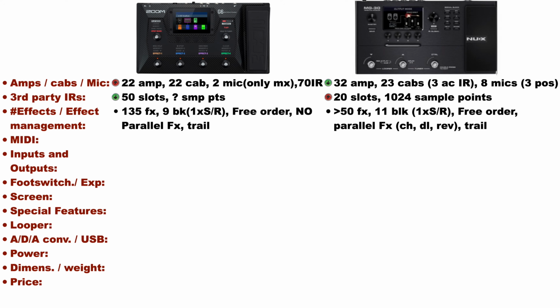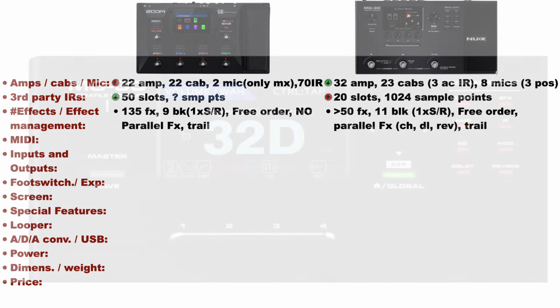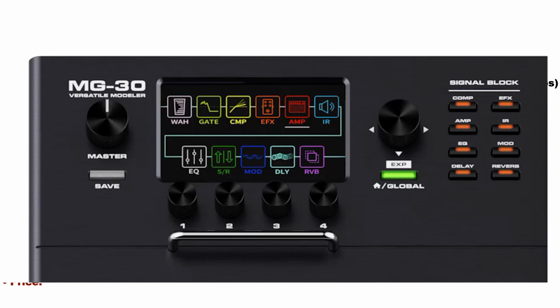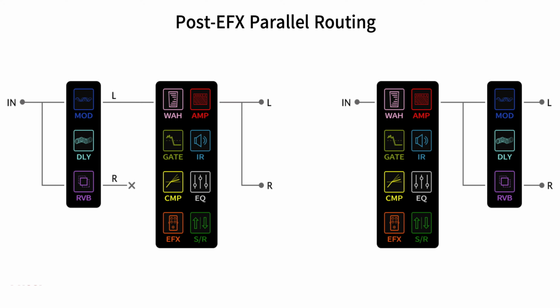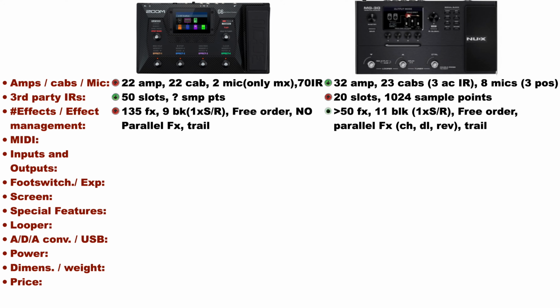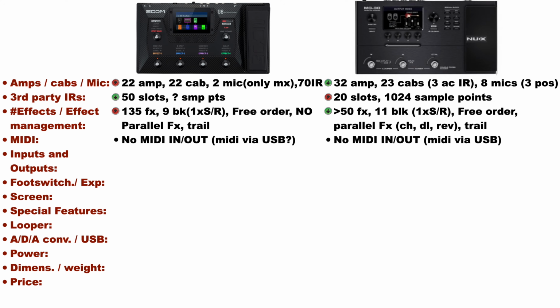In the MG30 we have 50 effects distributed in 11 blocks that you can put in whatever position you want, and with the possibility to have chorus, delay and reverb both in parallel and series. Therefore, thumbs up to the MG30, even if it has fewer effects, as for me it is more important to have a more flexible signal chain, even with the possibility to load parallel effects and with more effect blocks in total.